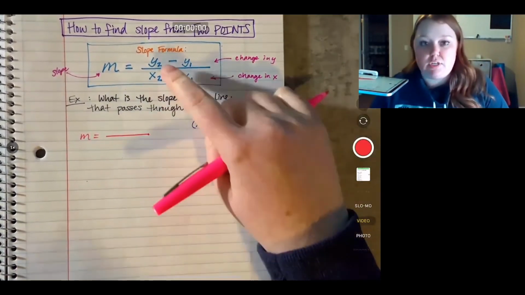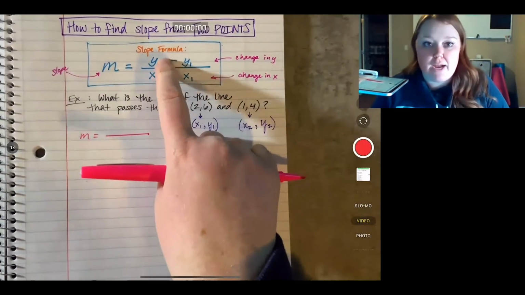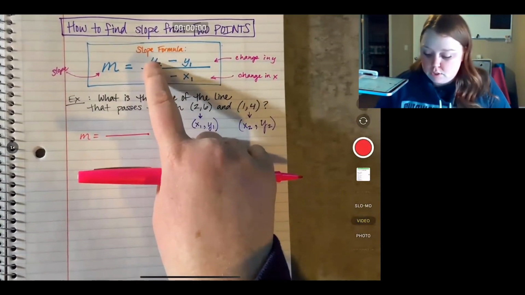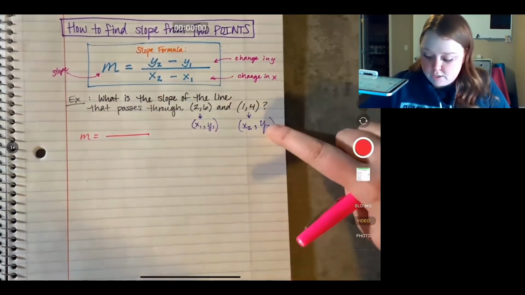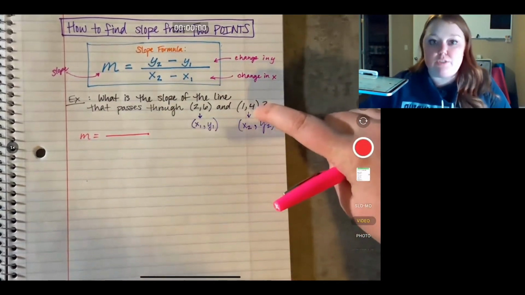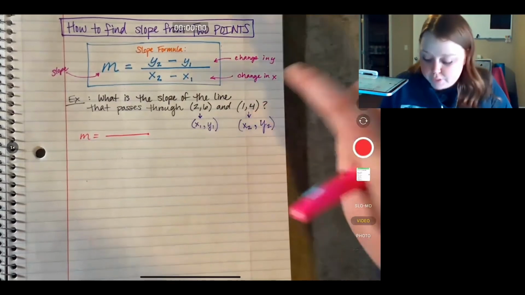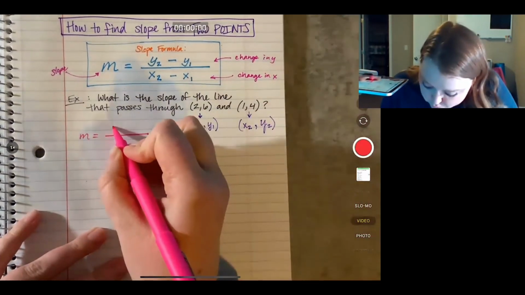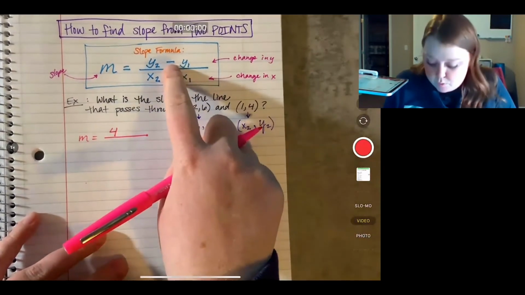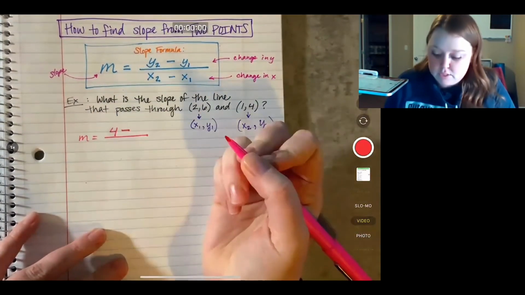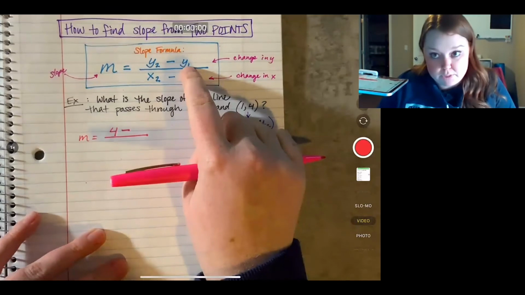Your first number that you're looking for is your y sub 2. Look at our values. Where was your y sub 2? Y sub 2 was here, which was the 4. It's your second y value. So my second y value was positive 4. And according to the formula, I'm going to subtract whatever y sub 1 was.